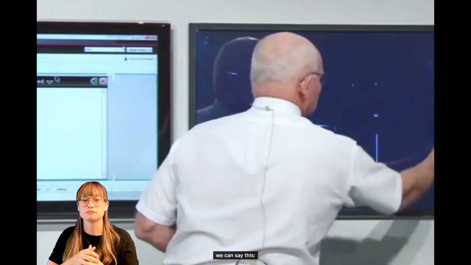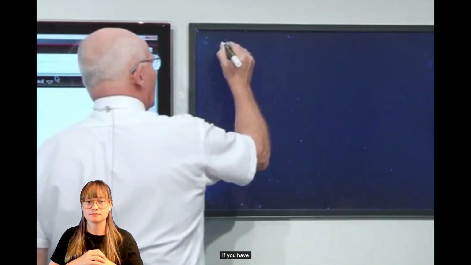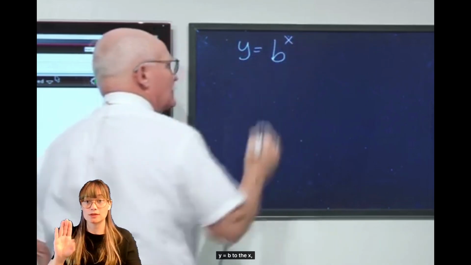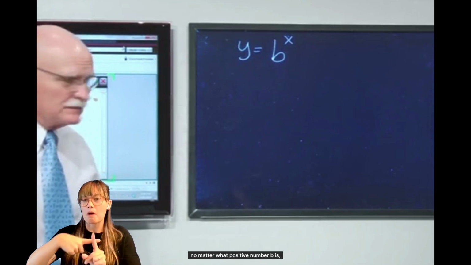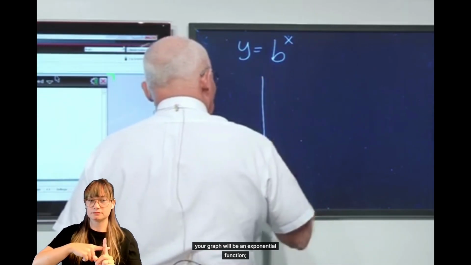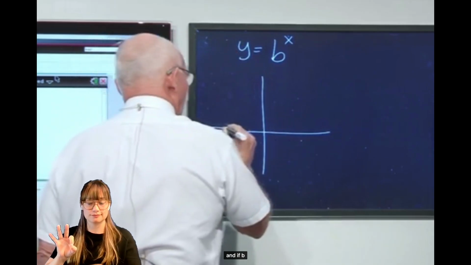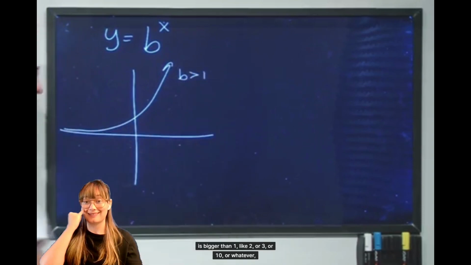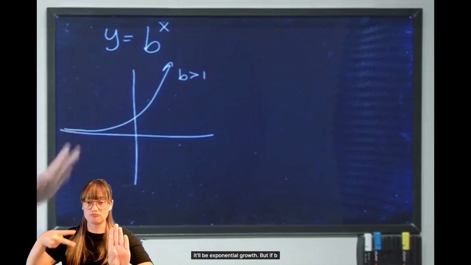we can say this. If you have y equals b to the x, no matter what positive number b is, your graph will be an exponential function, and if b is bigger than 1, like 2 or 3 or 10 or whatever, it'll be exponential growth.